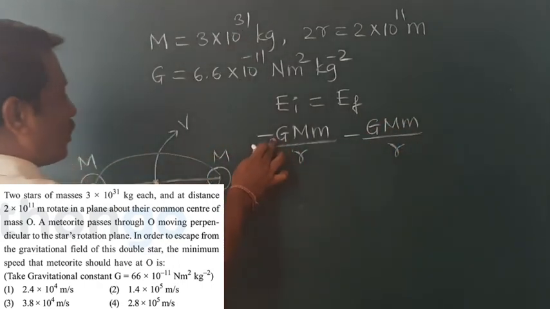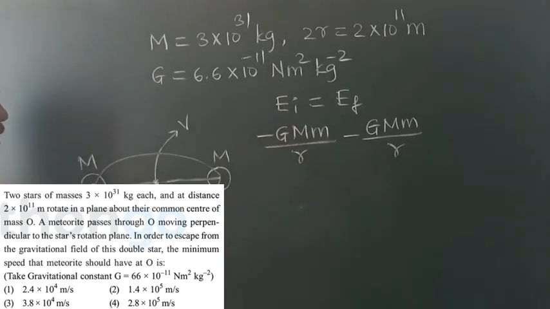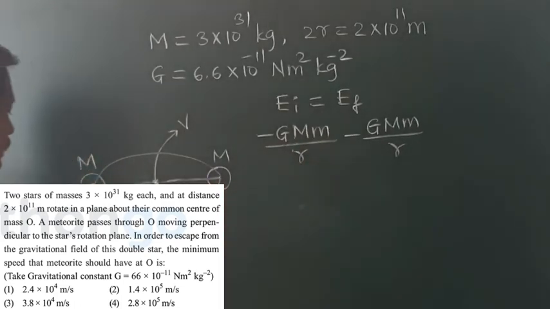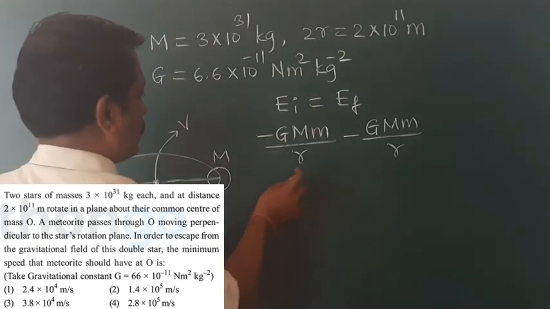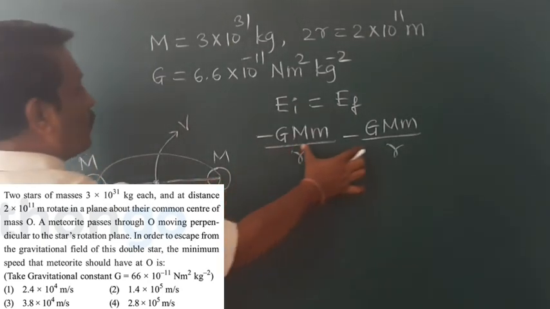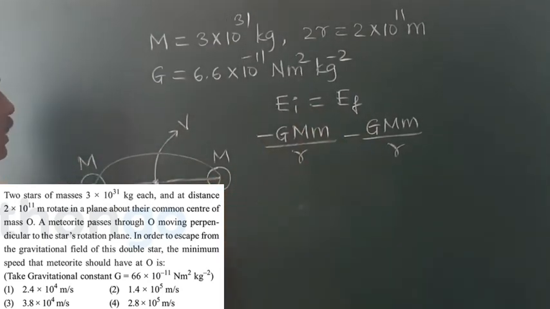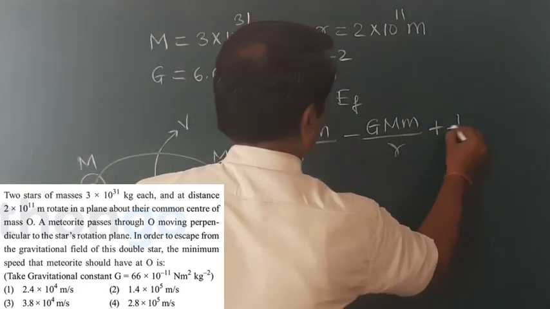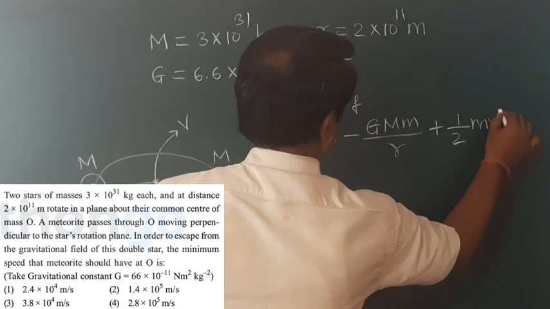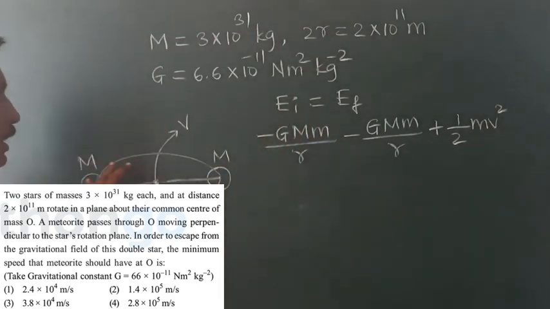Here G is the gravitational constant, capital M is the mass of the star, small m is the mass of the meteorite, and R is the distance between the star and the meteorite. Then the kinetic energy of the meteorite is (1/2)mv². This is the total initial energy of the system.